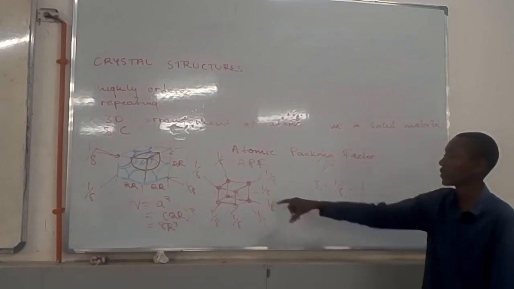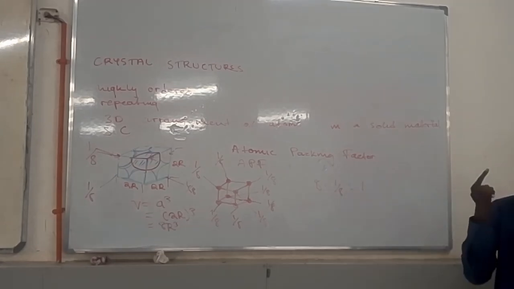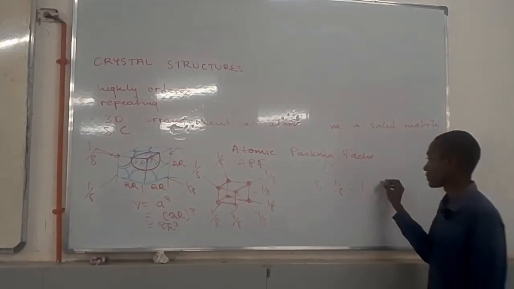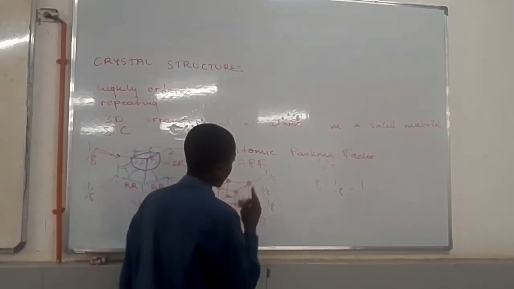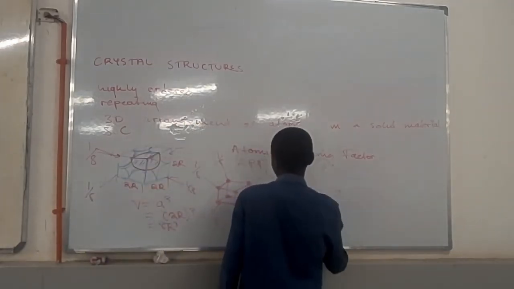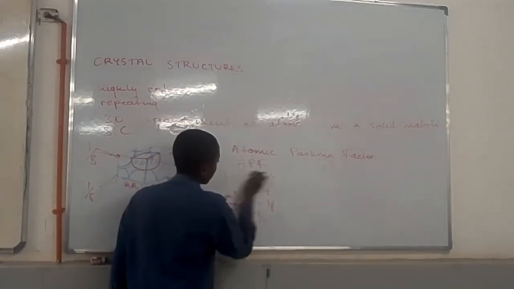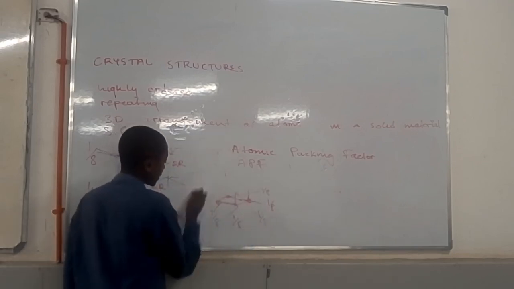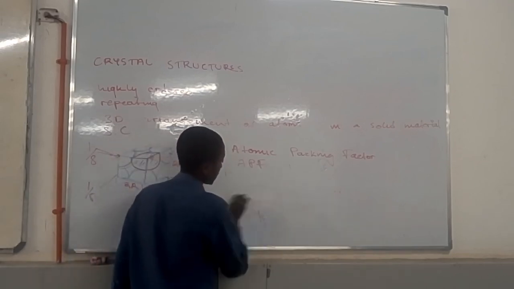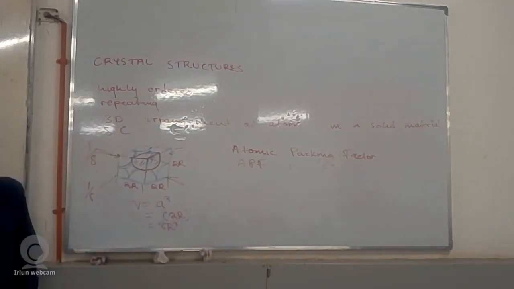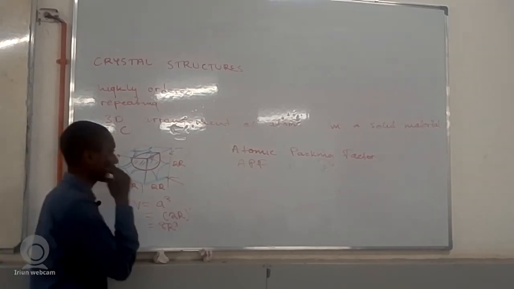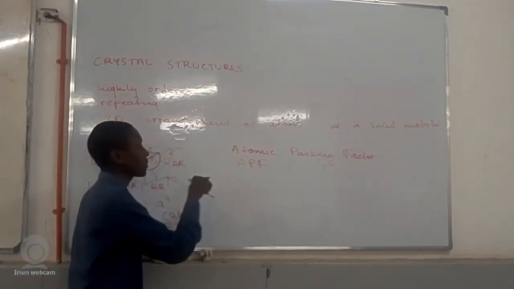All right. So this just has 1 atom. So this entire box, this entire unit cell just has 1 atom. So we have determined that. So what we are trying to find out here is the atomic packing factor.